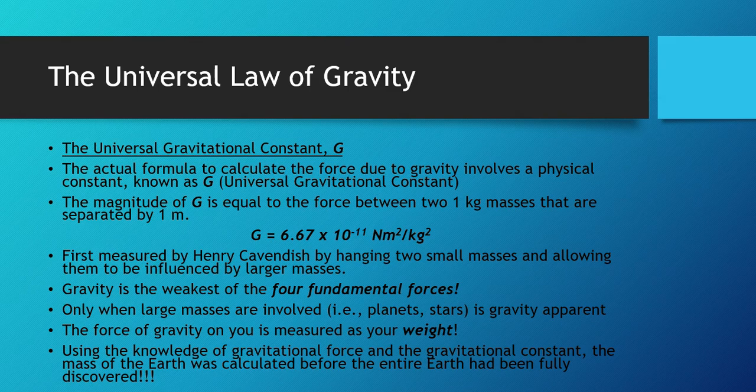In my time in college, I did Cavendish's experiment, and it is incredibly, incredibly hard to do, to get that accurate. But you can visibly see gravity occurring during Cavendish's experiment, whereas you don't see it necessarily on Earth.